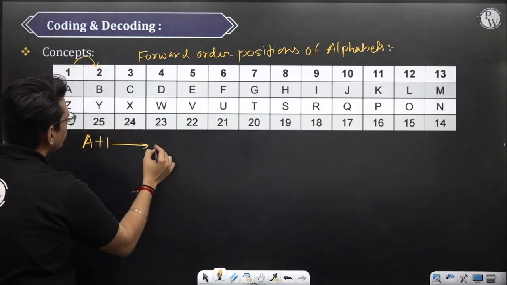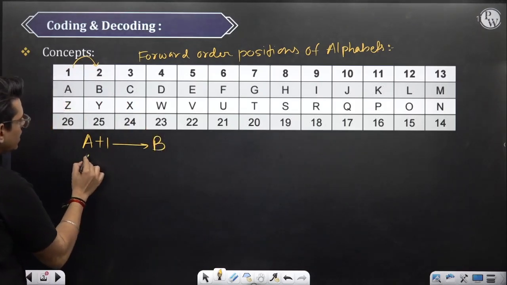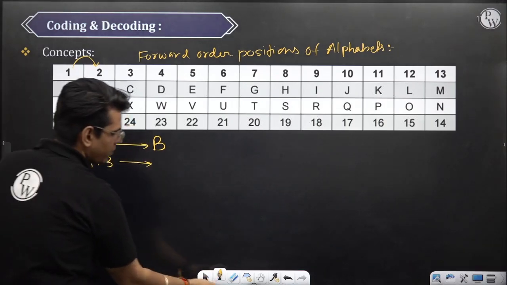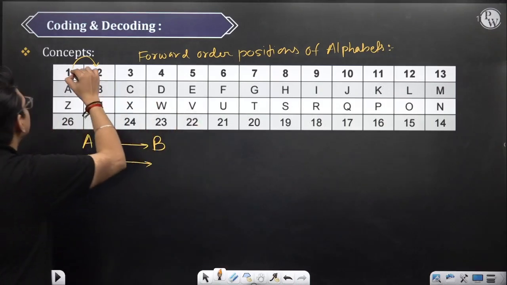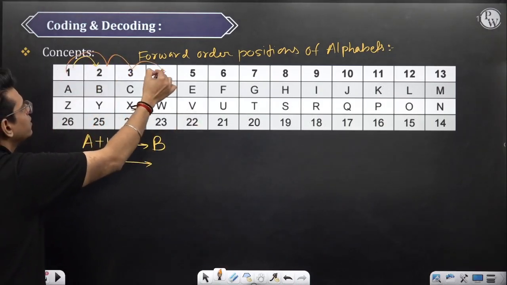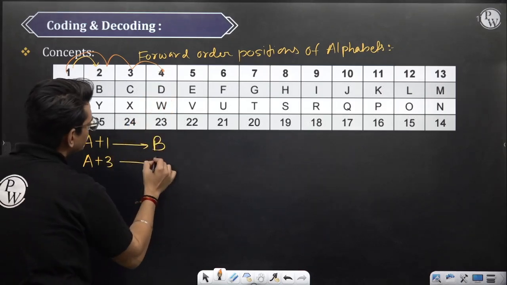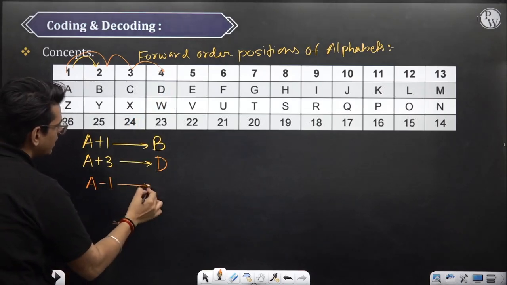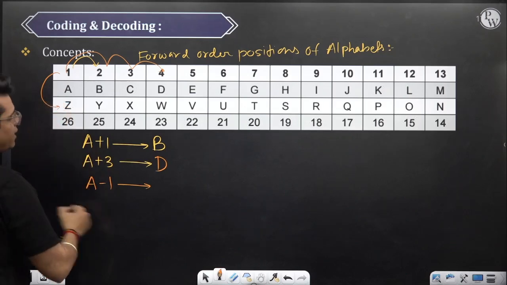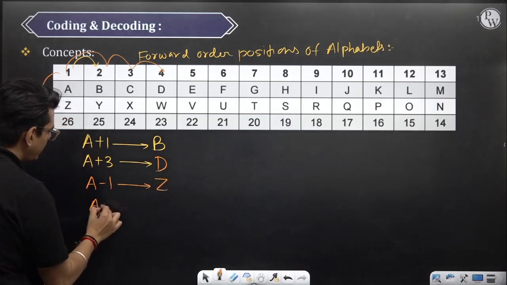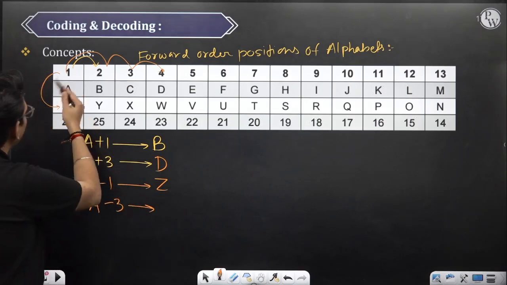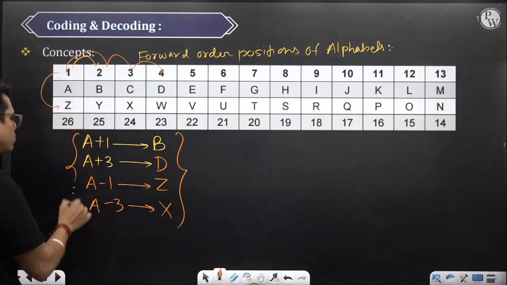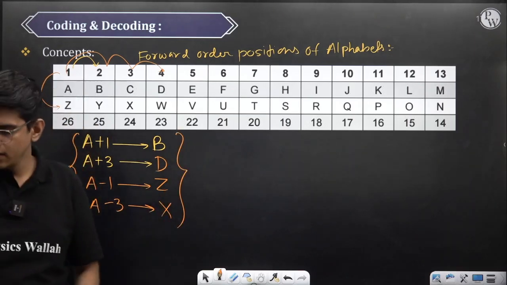It will get to 2, which is nothing but B. Suppose A plus 3 means A will move 3 times ahead: 1, 2, 3. So A plus 3 is nothing but 4, which is D. Similarly, A minus 1 is nothing but Z. A minus 3 is 1, 2, 3, which is X. So we will use these conversions to solve questions from coding and decoding.